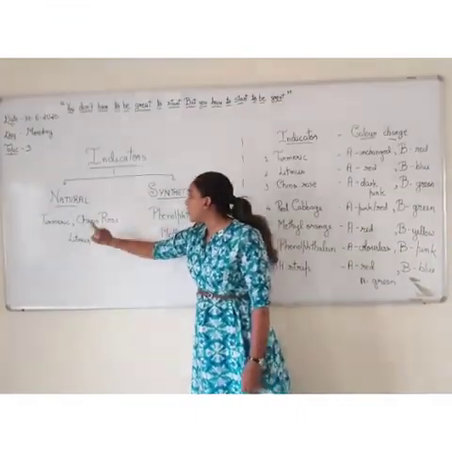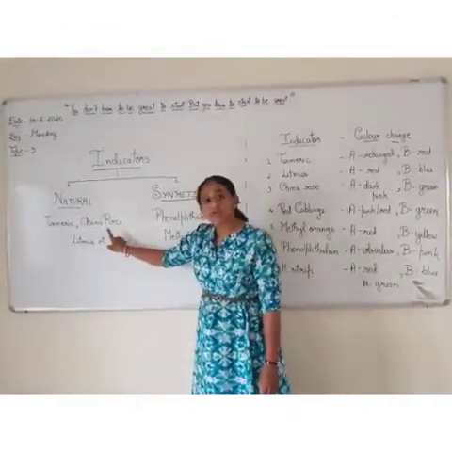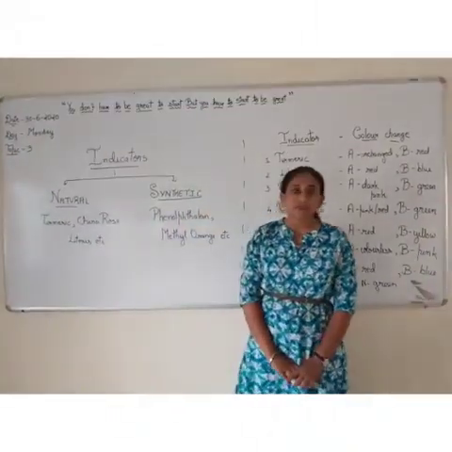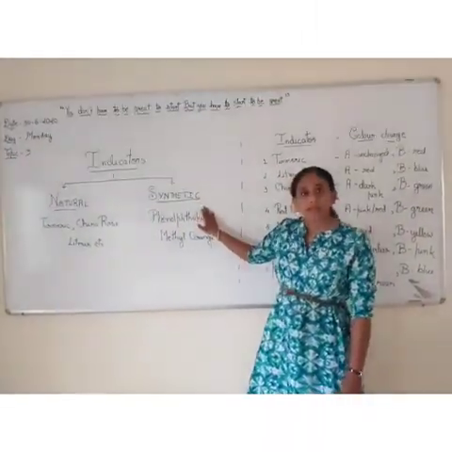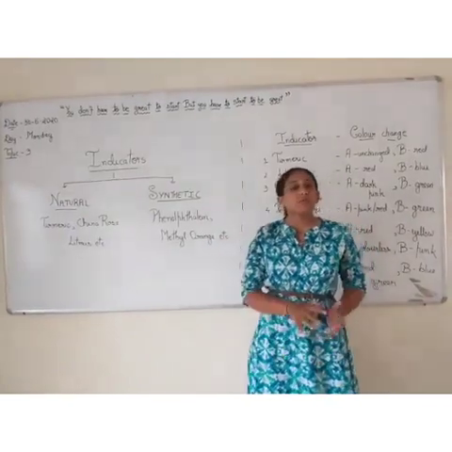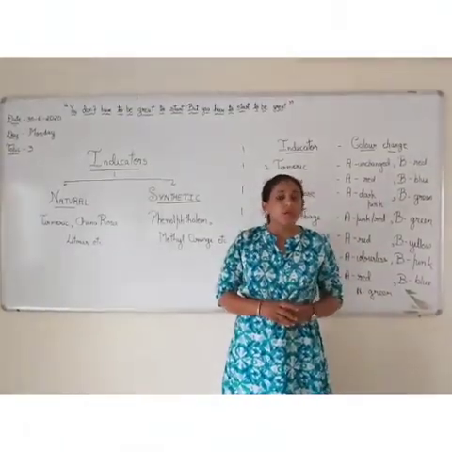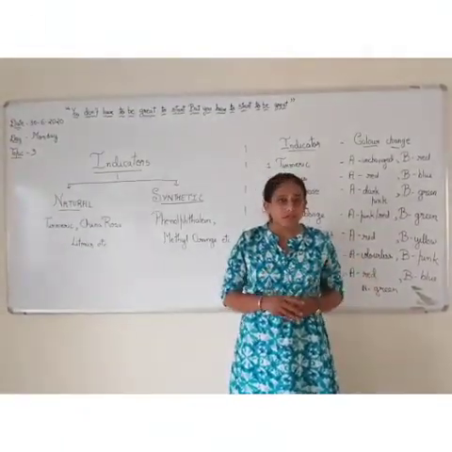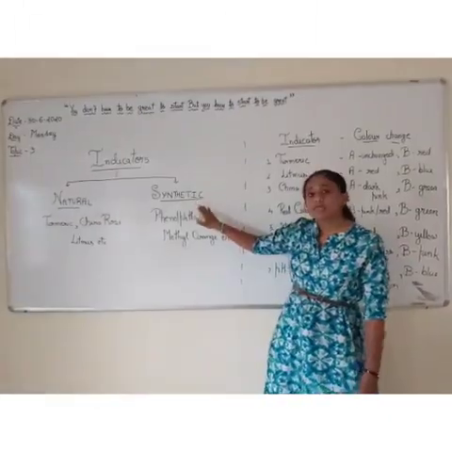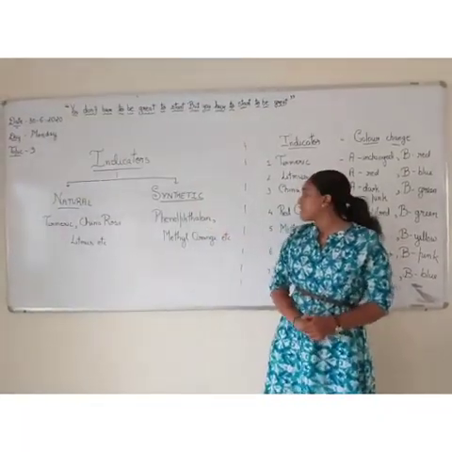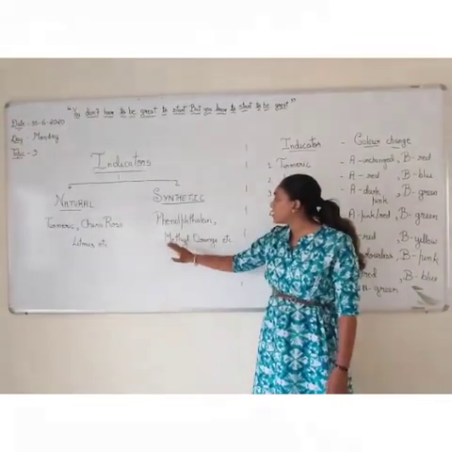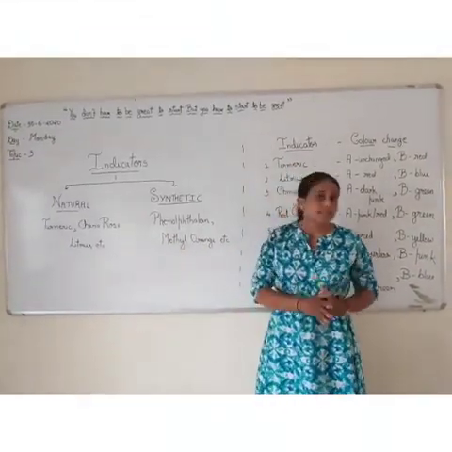Few examples are turmeric, China rose, litmus, etc. Synthetic indicators are the indicators which are prepared by artificial method or with the help of man-made resources. They are called synthetic indicators. Some of the examples are phenolphthalein, methyl orange, etc.